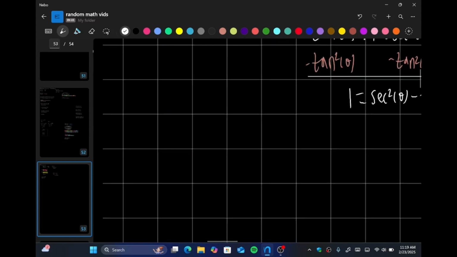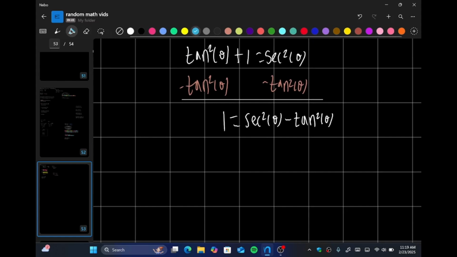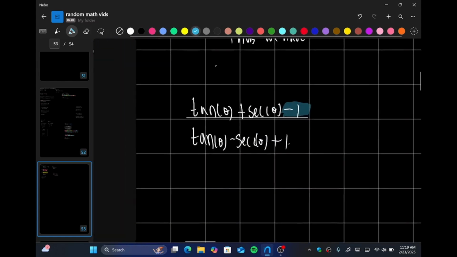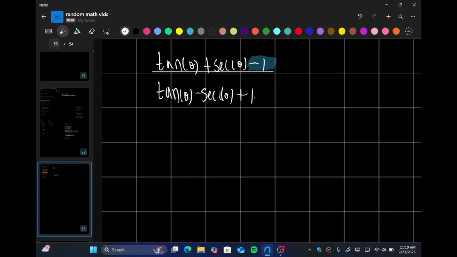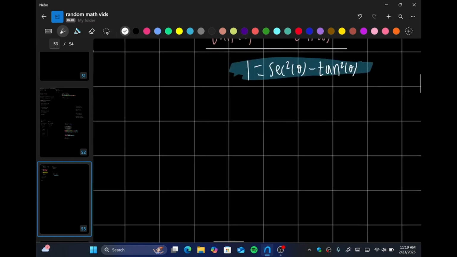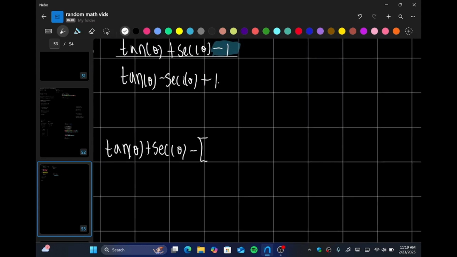So then we're gonna go ahead and put this stuff right here. So we're gonna say tan theta plus secant theta minus the quantity secant squared theta minus tan squared theta.